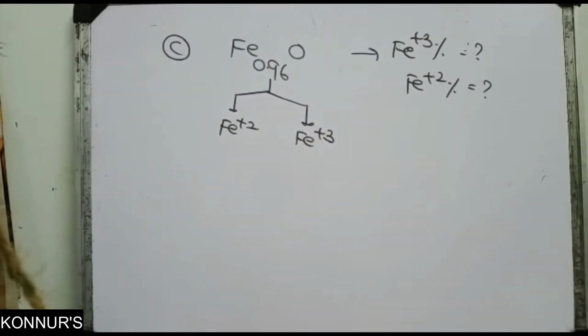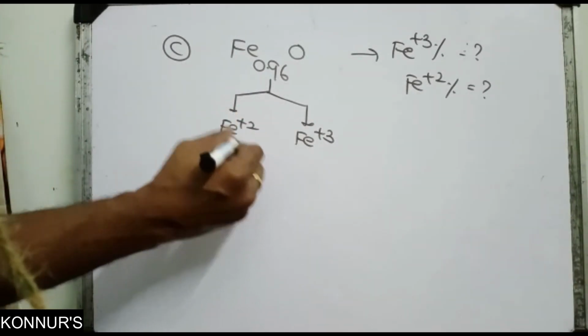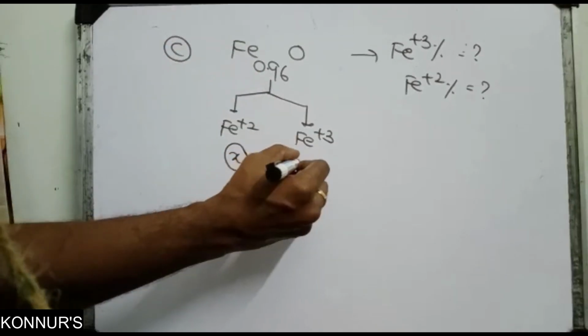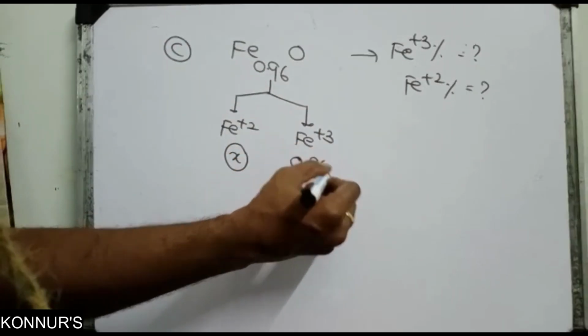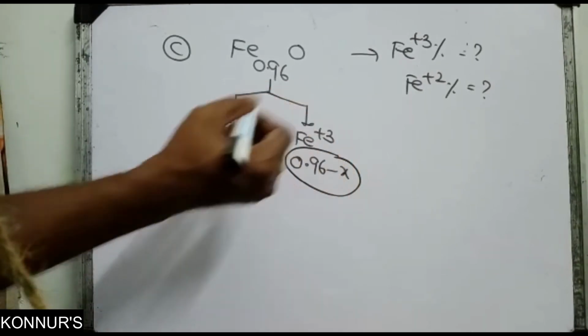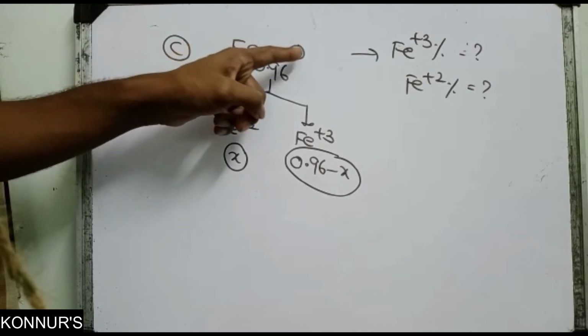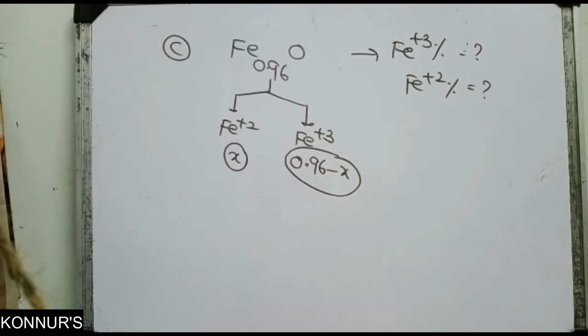How to solve this problem: suppose you take Fe plus 2 as X amount, then Fe plus 3 is 0.96 minus X amount. Here the positive charge is equal to the same number of negative charge.